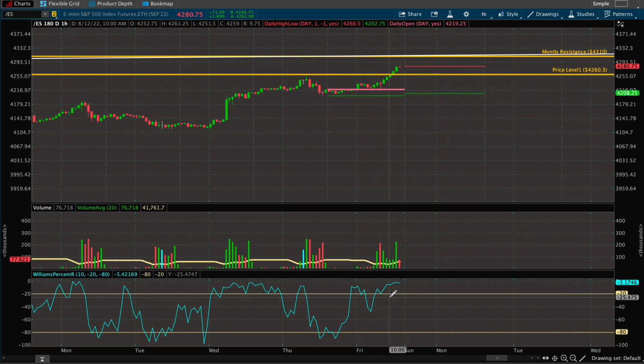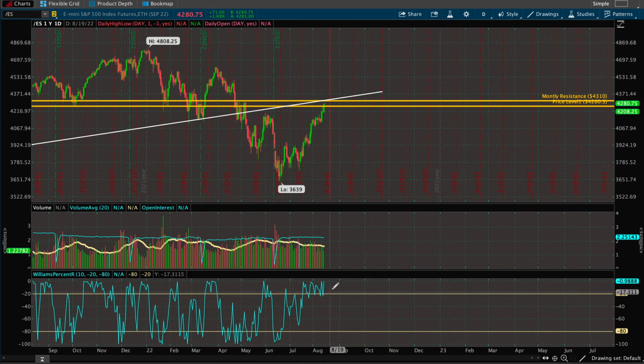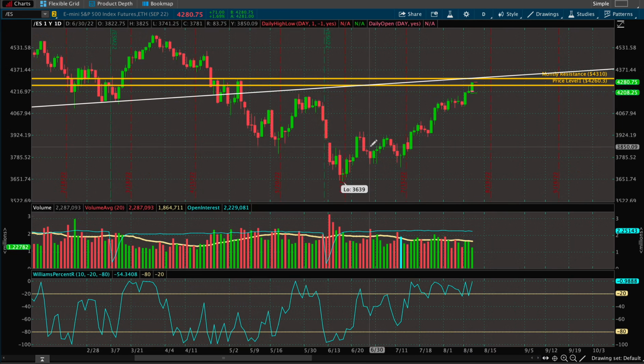I want to bring to your notice that in the hourly and in the daily we are overbought, so I'm expecting some kind of a pullback to that 4260 area, but we'll see. And this supply area is still not completely broken. This supply area was broken, but this is a bigger supply area with a very wide range.